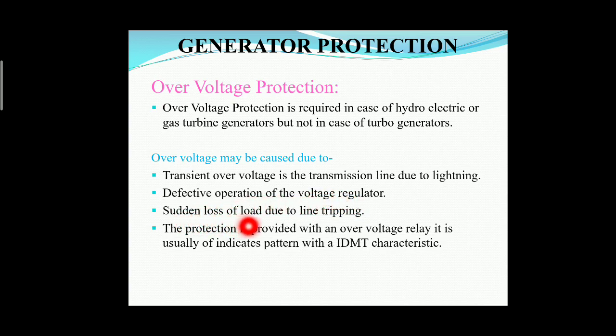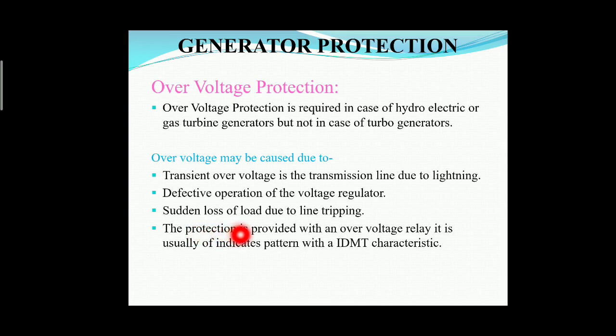Third, sudden loss of the load: when loads are suddenly shut down due to line trippings, over voltages are automatically obtained.